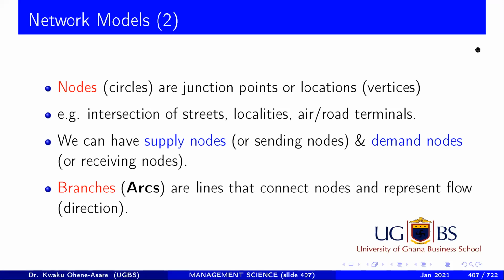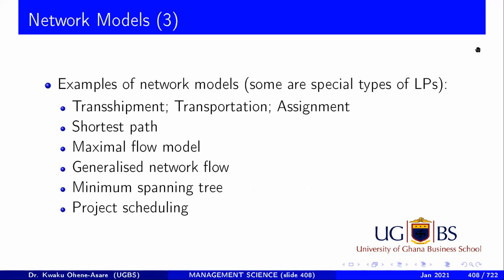Before you can supply from a supply node to a demand node, you need to pass through an arc, a branch, which shows you the lines or the directions. Network flow models are used to understand the goal of minimizing, in line with the principle of linear programming.